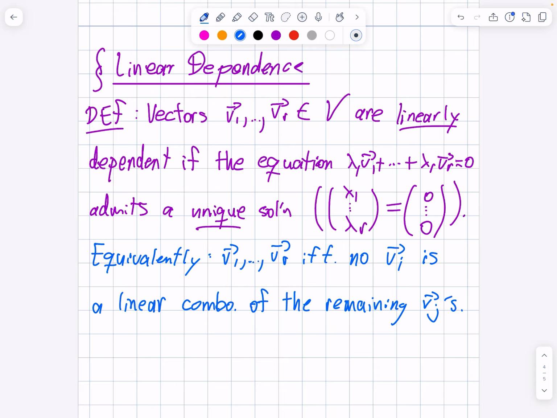Meaning, so no vector in this list can be expressed as a linear combination of the other vectors in the list. Okay, so that's one equivalent formulation.